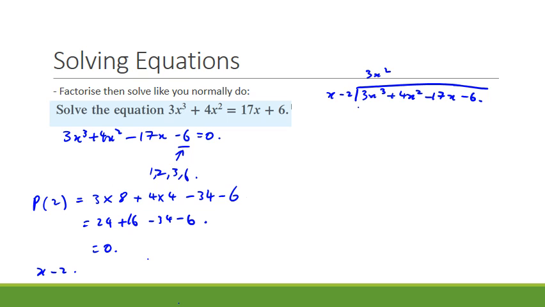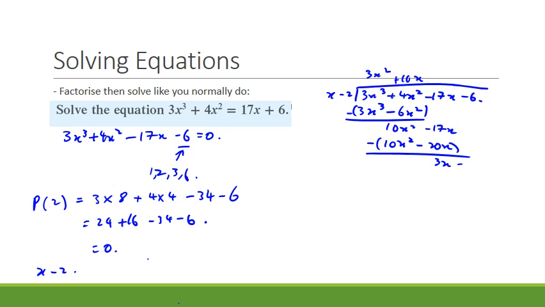So 3x squared is about 3 minus 6x squared. Subtract them. Plus 10x. Plus 3. So 3x minus 6.